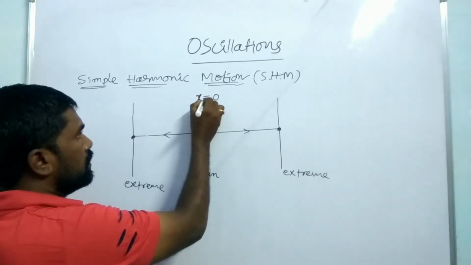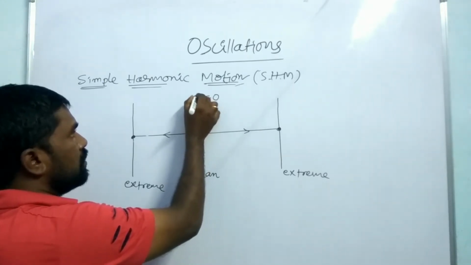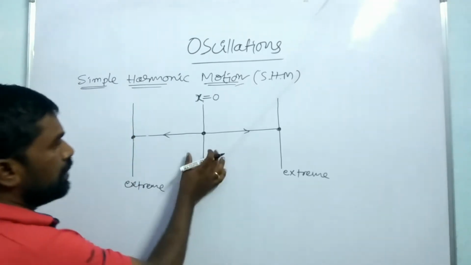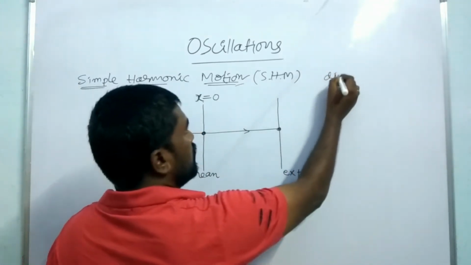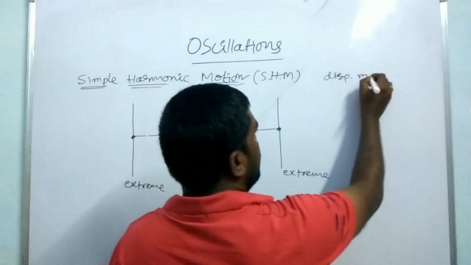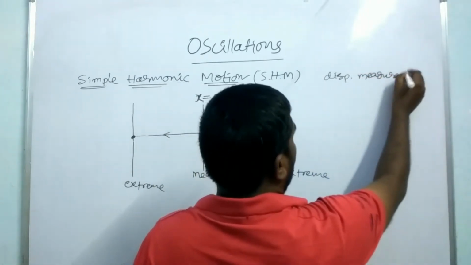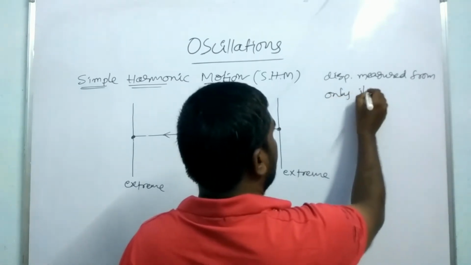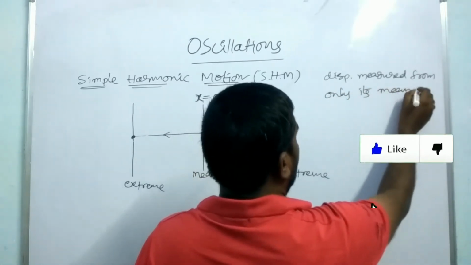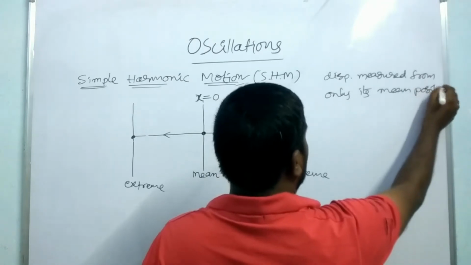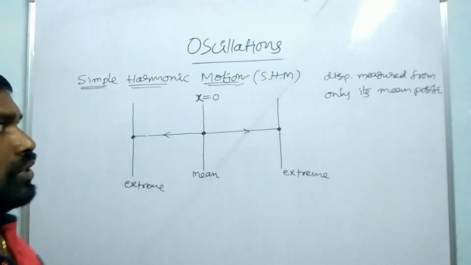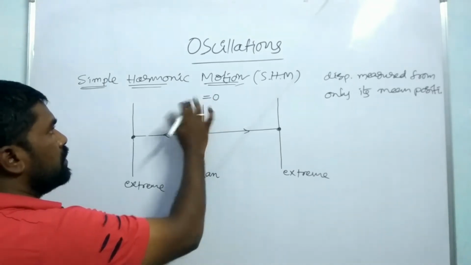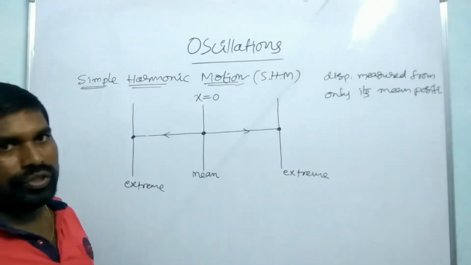Very, very important: the displacement will be measured only from the mean position. Displacements are measured only from its mean position. So at the mean position, the displacement of the particle is zero.